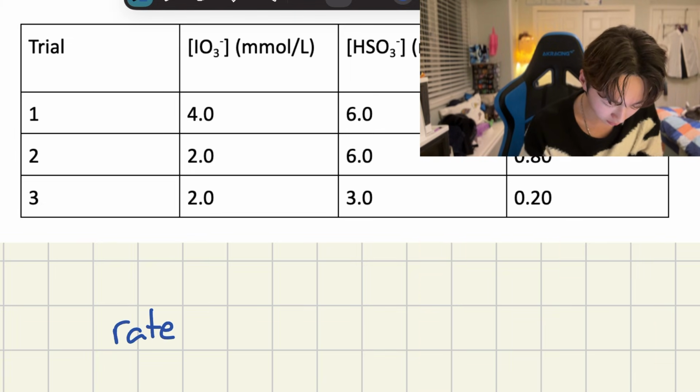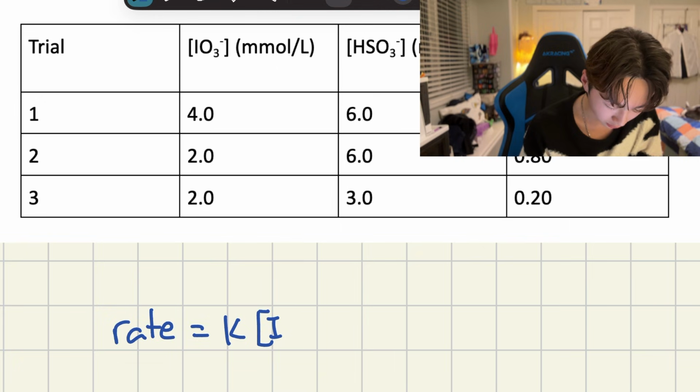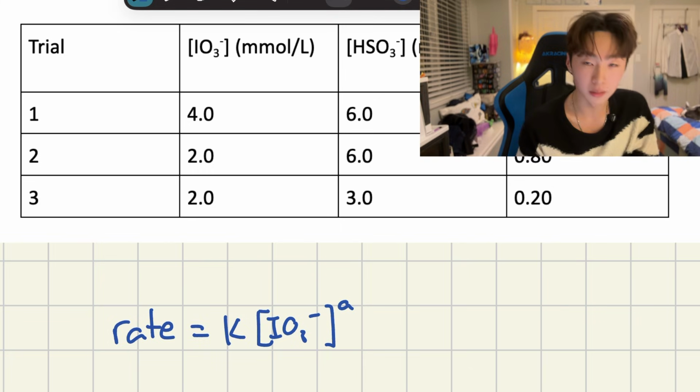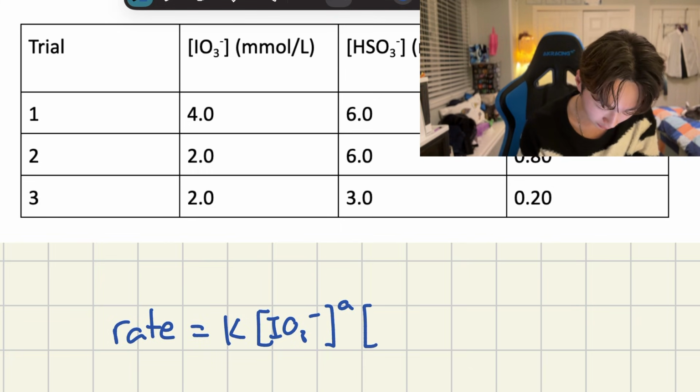So rate is equal to, you have your K, which is your rate constant. You have concentration of IO3 minus, and that's going to be raised to the power of, let's say, A, and that's going to be the order of that reactant. And then we have concentration of HSO3 minus, and then B.